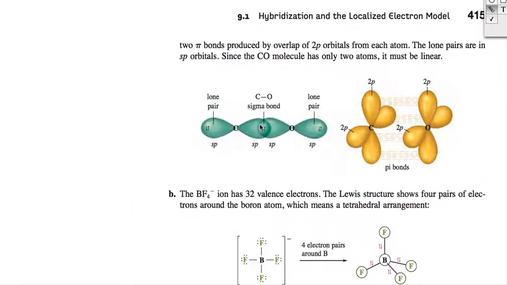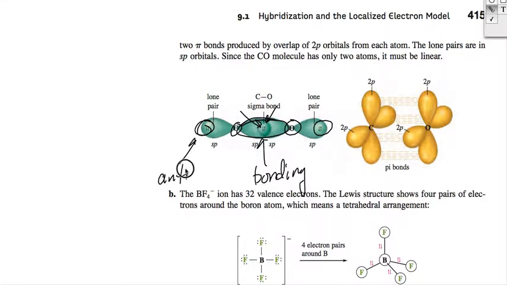Anytime you've got a bond, electrons can be found in between here. They can be found in between the 2 atoms, and that's helping the bond, or they can be found outside of the bond. So these would be bonding, and these would be anti-bonding. They're not helping the bond at all.